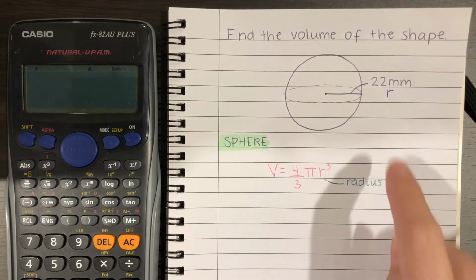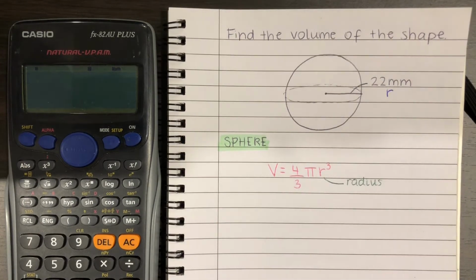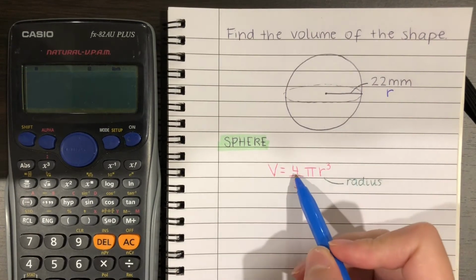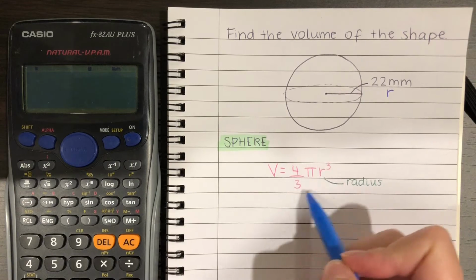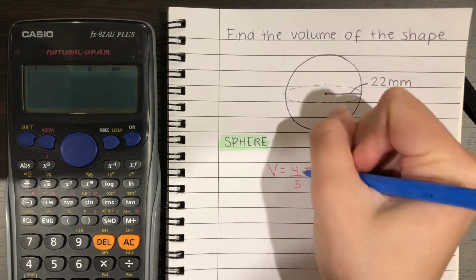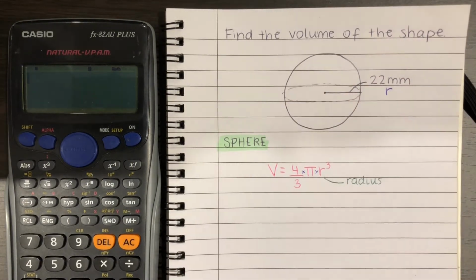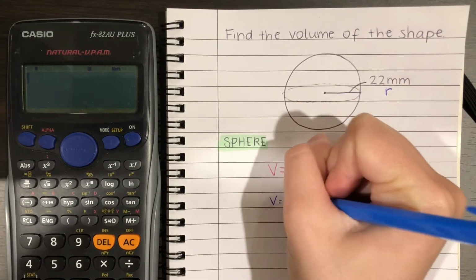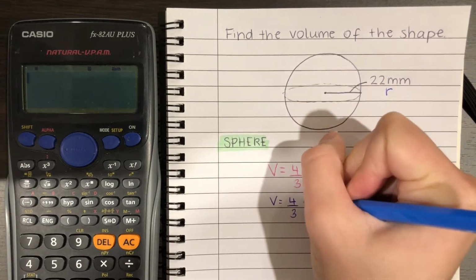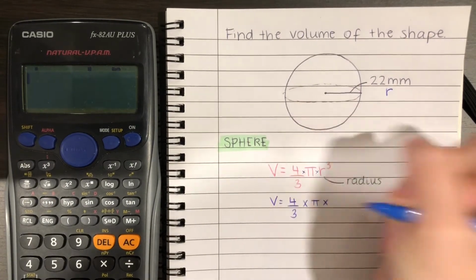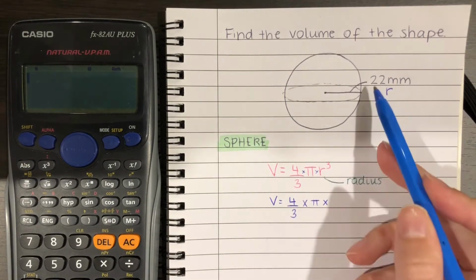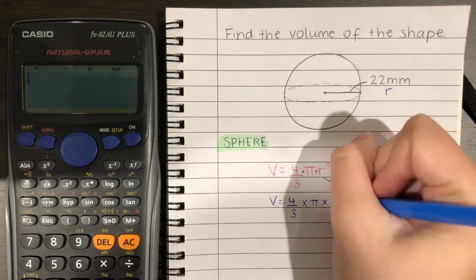Now we're ready to substitute that number into our formula. Now remember, no gaps, imaginary times sign. So I'm going to write V equals 4/3 times pi times the radius, which is 22, cubed.